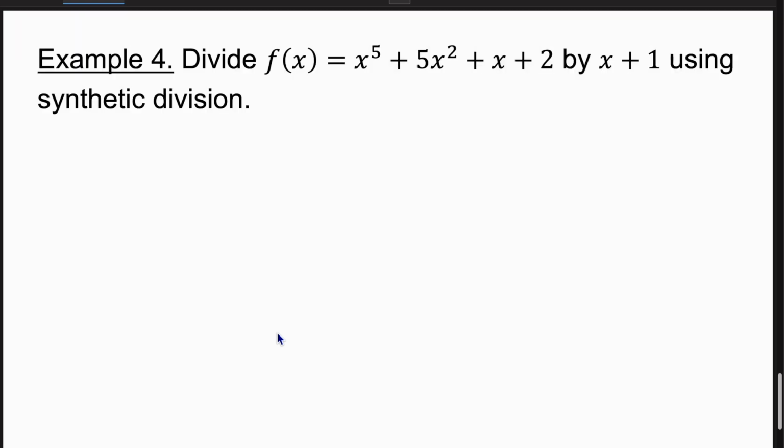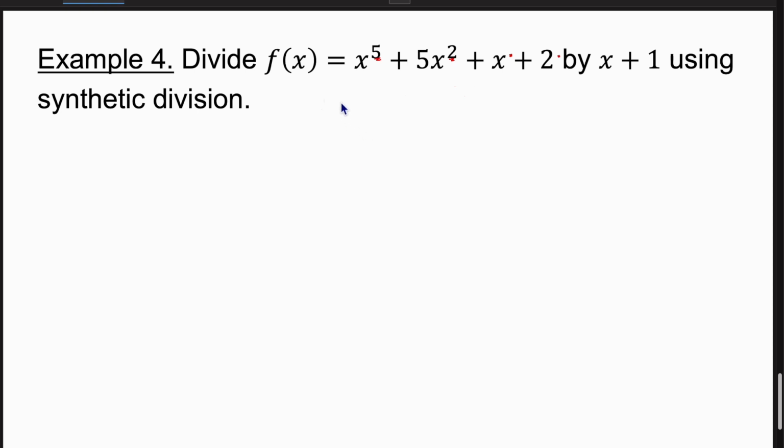And finally, let's divide x raised to 5 plus 5x squared plus x plus 2 by x plus 1. So, descending ba siya? Yes. May nawawala ba? Yes. Wala yung x raised to 4 at wala yung x raised to 3.